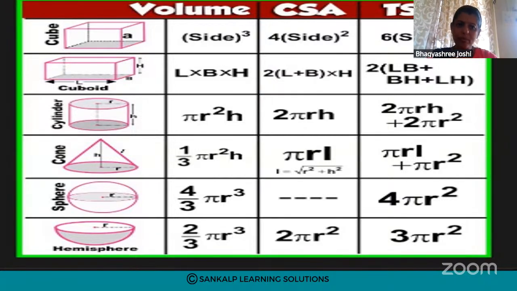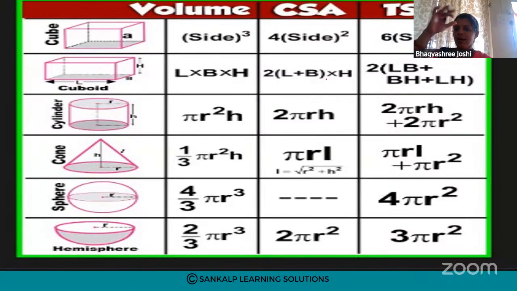First one is volume of the cube, that is a cube, and curved surface area of a cube, that is 4a square.